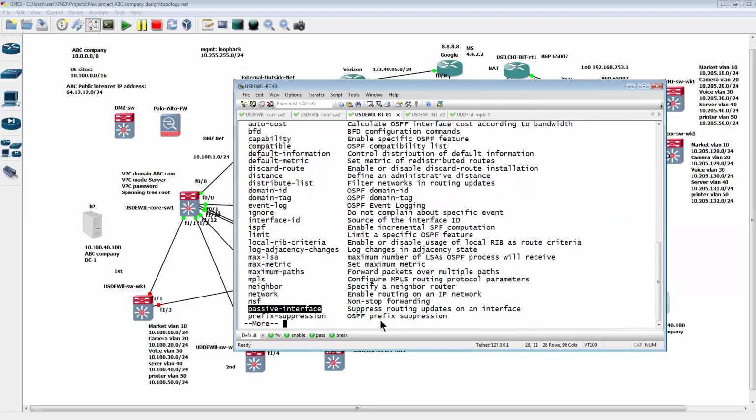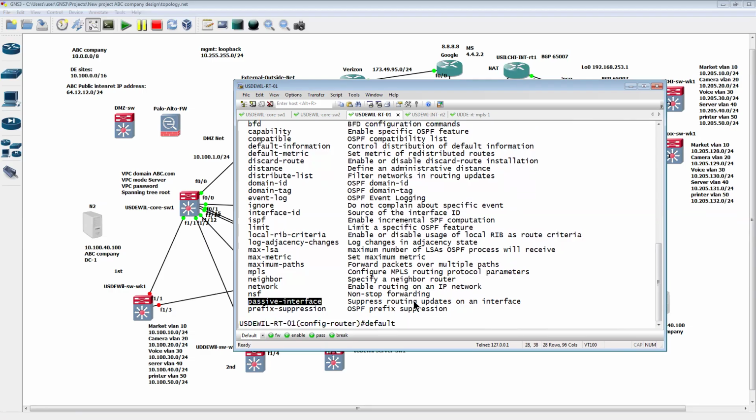All right, so this is passive interface. That means suppress, right? We want to turn off everything for any update. That means that interface shouldn't broadcast out for OSPF. It means not sending the broadcast saying, hey, I want to be a neighbor, do you want to be a neighbor, OSPF, something like that.